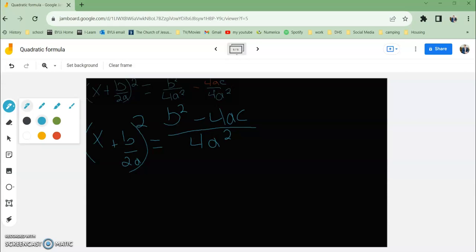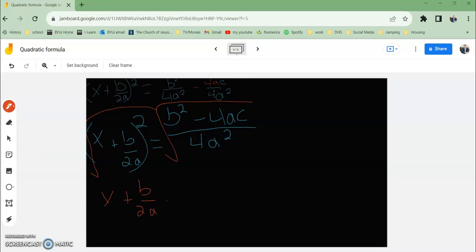Alright, now we can actually take the square root of both sides. So all of that right there. And so now what we have is x plus b over 2a. And then because we square root both sides, we have to do plus or minus. And we have this big mess, b squared minus 4ac, all over 4a squared.